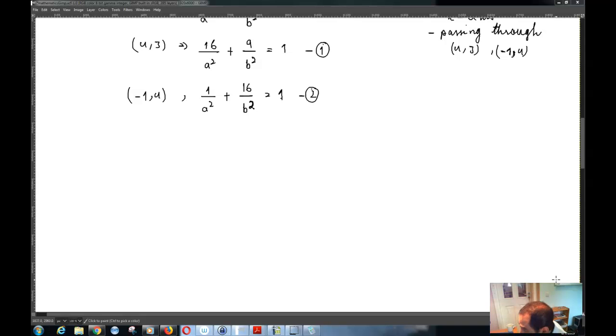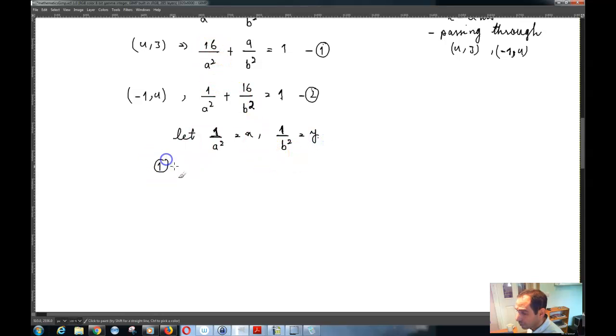So what I can do is write 1 over a squared as x, and 1 over b squared as y. Let's basically let 1 over a squared be equal to x, and 1 over b squared be equal to y.